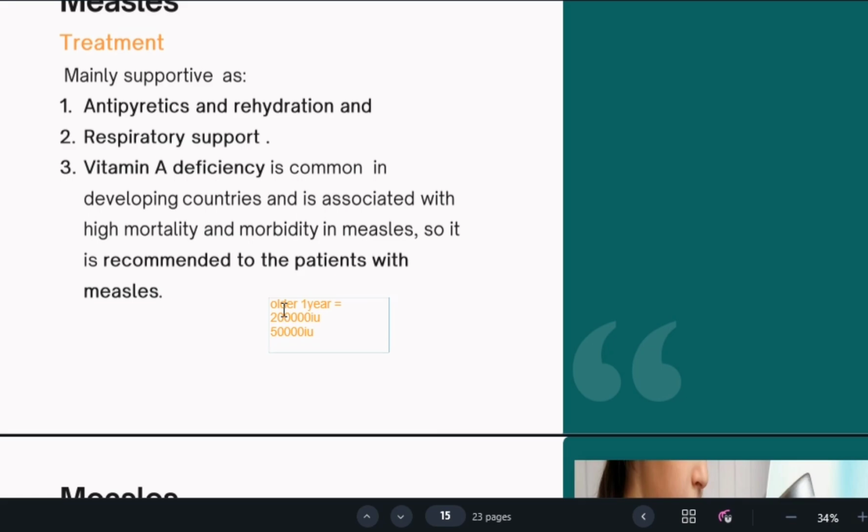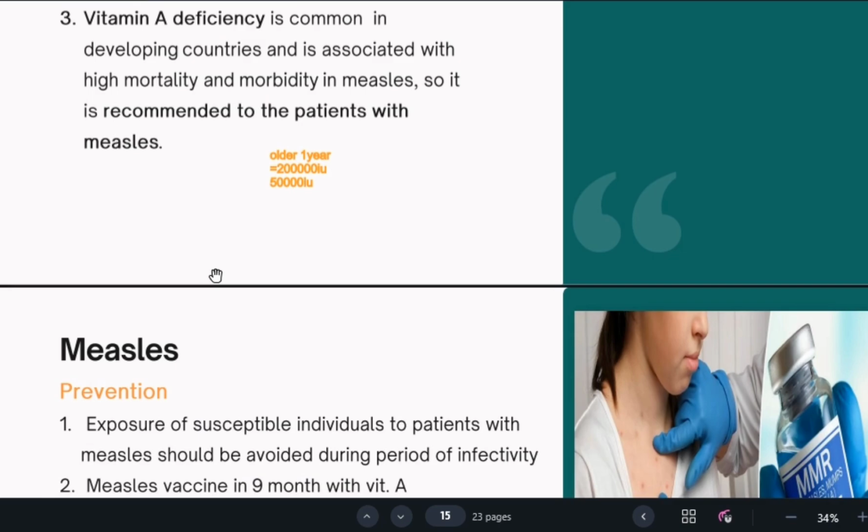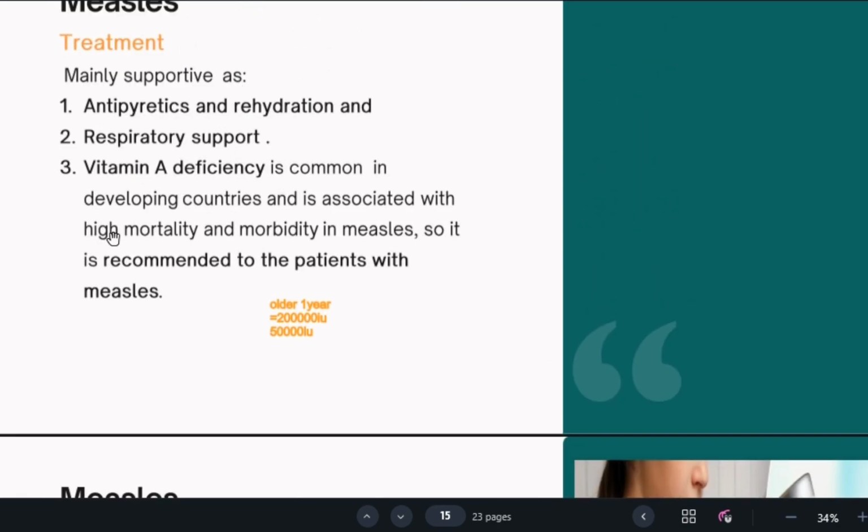In case the patient has vitamin A deficiency symptoms, after the second dose we may give him age-appropriate dosing of vitamin A for 2 to 4 weeks. This will contribute to decreasing the severity of the disease and also complications.